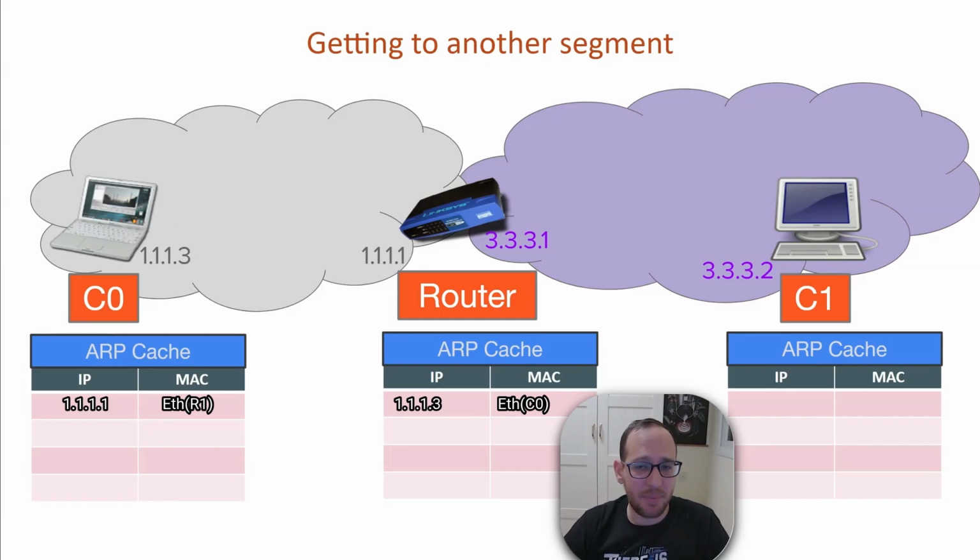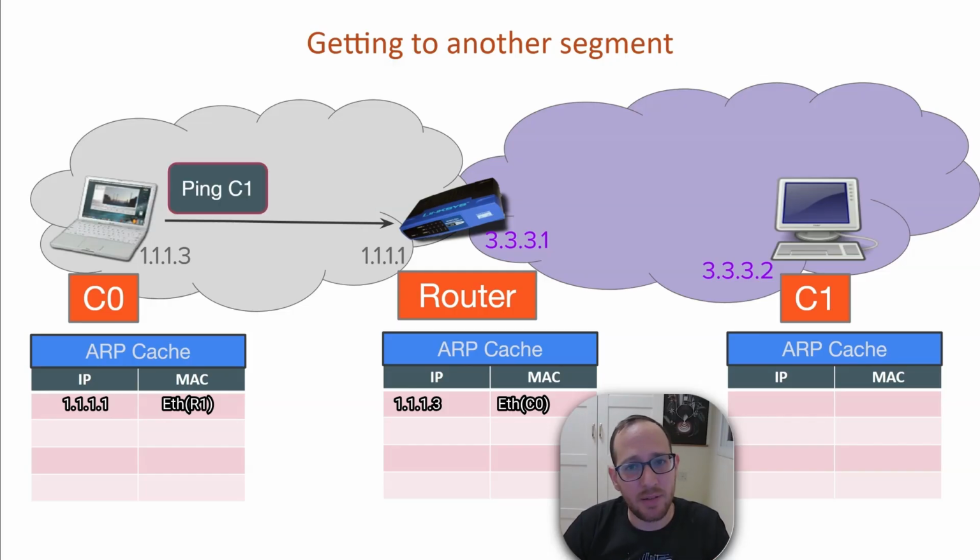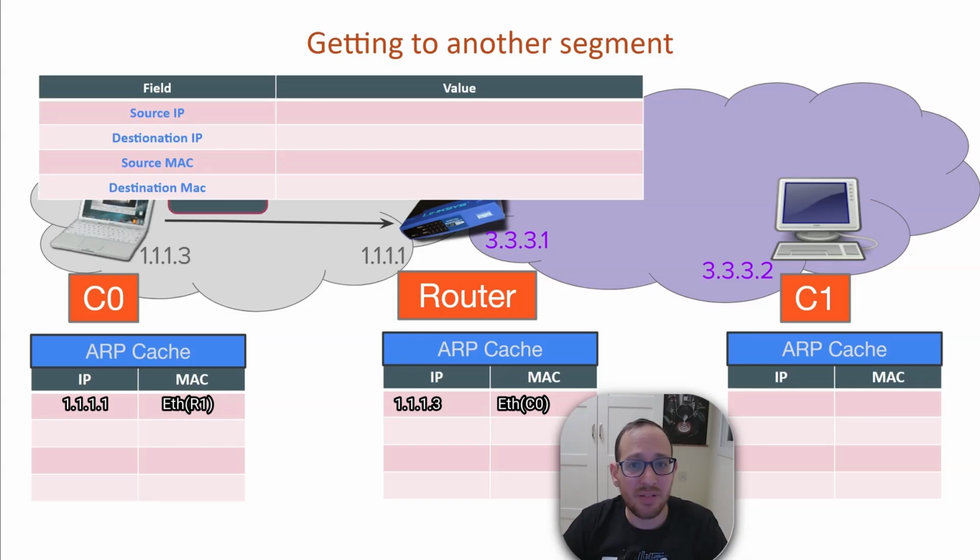Now we're going to send the ping, and this hop is going to be transmitted from C0 to the router. Try to fill in these values with me. What's written in the source IP of this ping? The source IP would be 1113, that of C0.